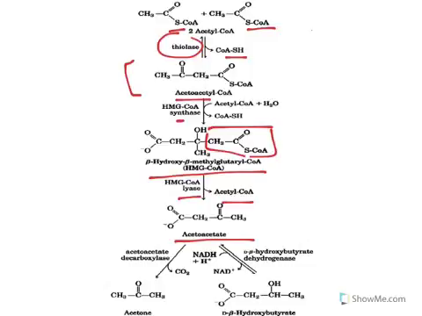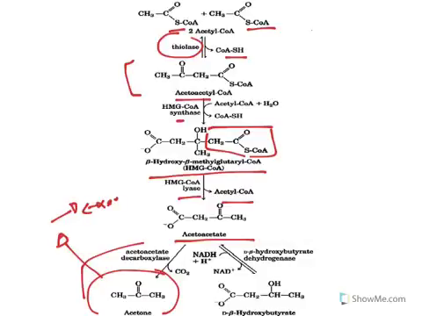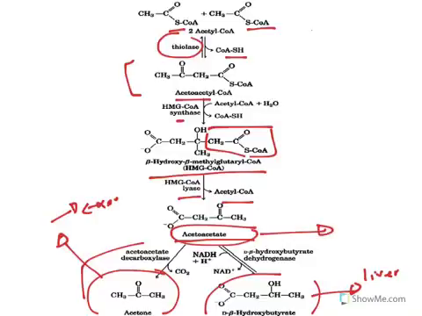Acetoacetate can spontaneously break down to form acetone. Acetone cannot be used by the body and will be excreted. However, beta-hydroxybutyrate can leave the liver and go to the blood, to other tissues. And sometimes ketone bodies can leave in the form of acetoacetate.